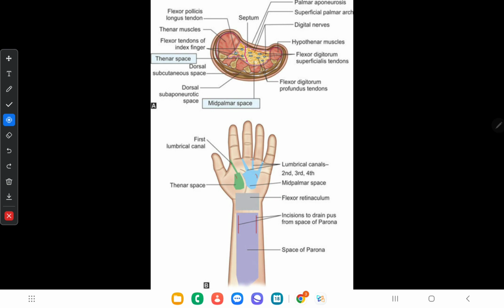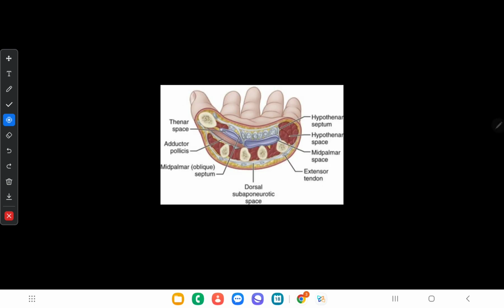Here in this picture you can see the thenar space and mid-palmar space, and this is the space of Parona. We have to know the boundaries which form the thenar space and mid-palmar space. In this picture you can see the cross section. This is the thenar space, this is the mid-palmar space.